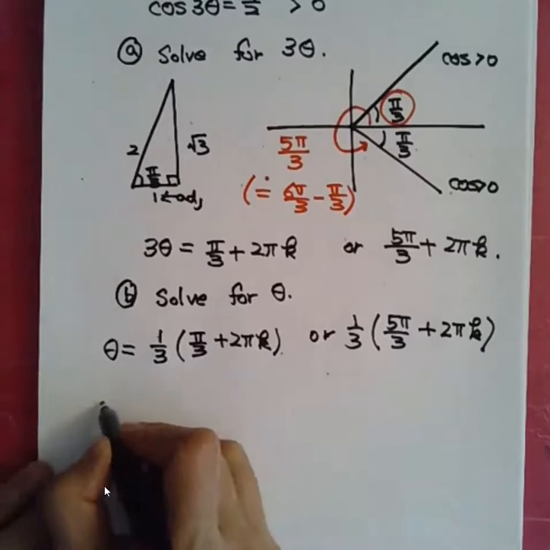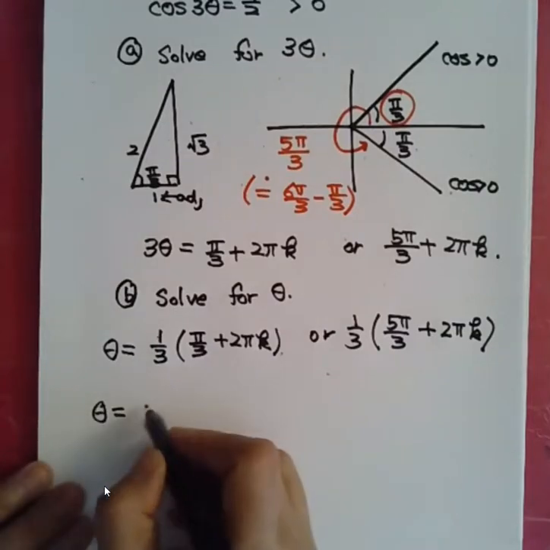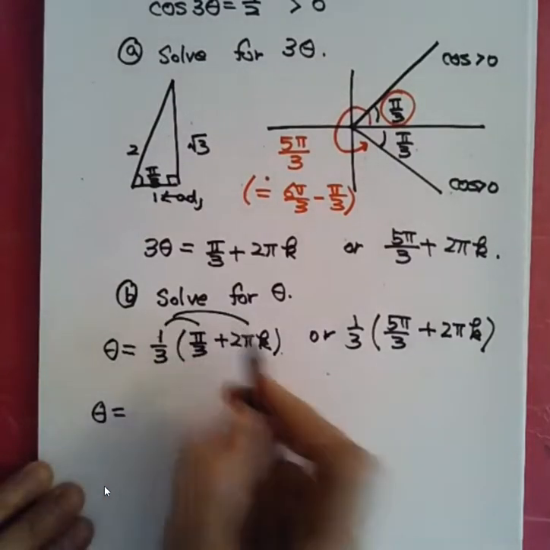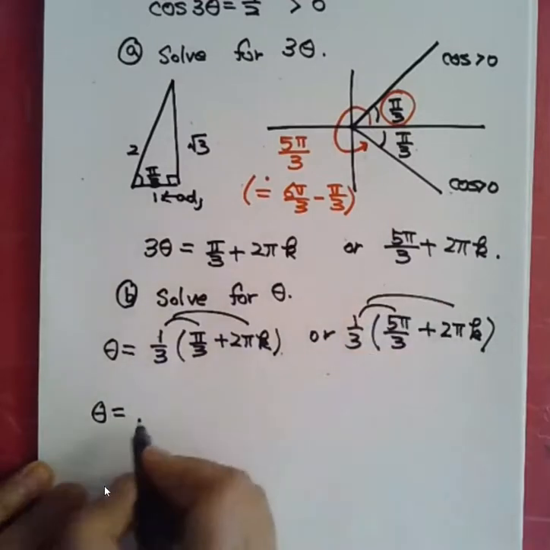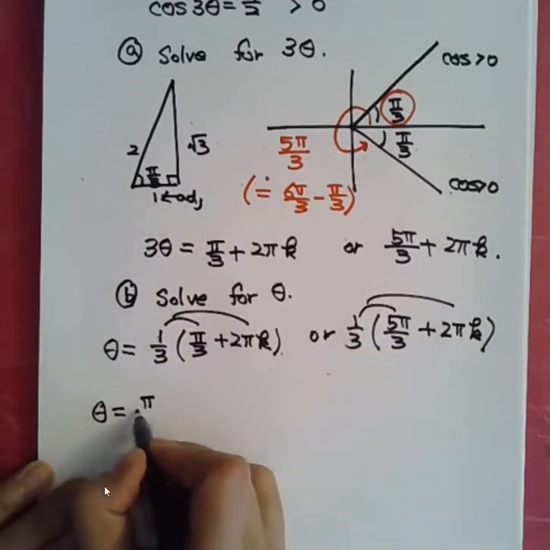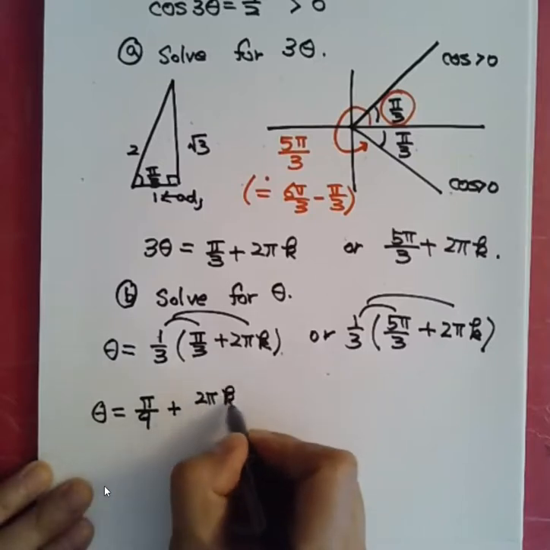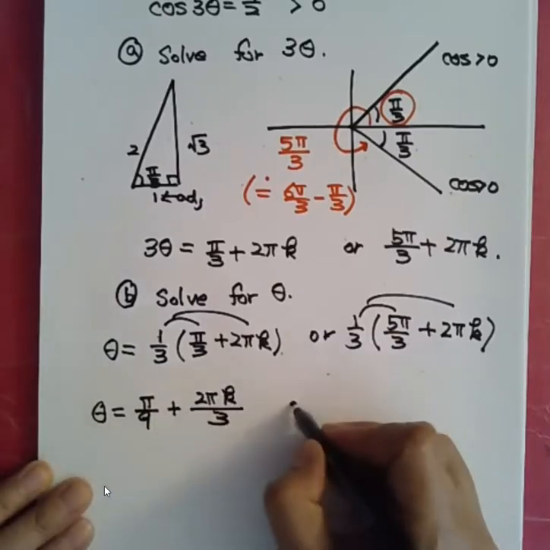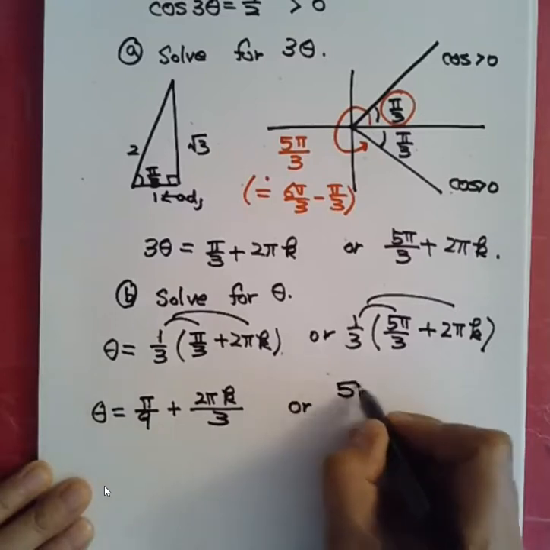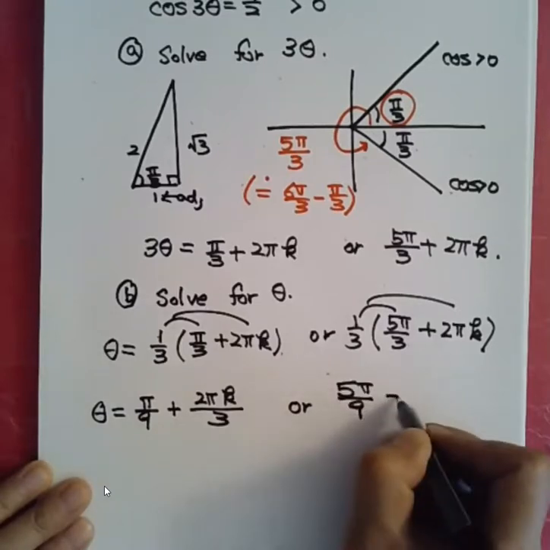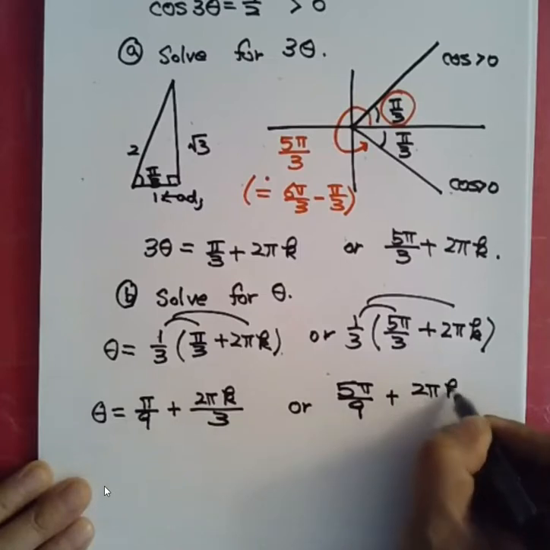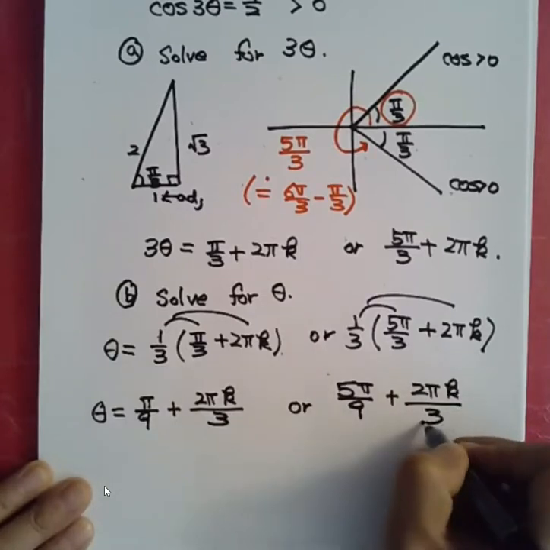So that means theta equals, we distribute, then that'll be pi over 9 plus 2 pi k over 3, or 5 pi over 9 plus 2 pi k over 3.